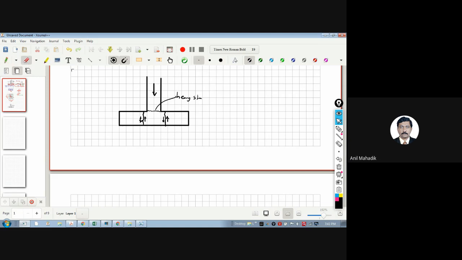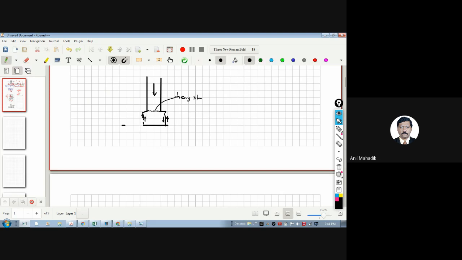Let's say this column is there and I'm putting this force on the column. It will try to go inside the footing. I'll show you how it will shear off.